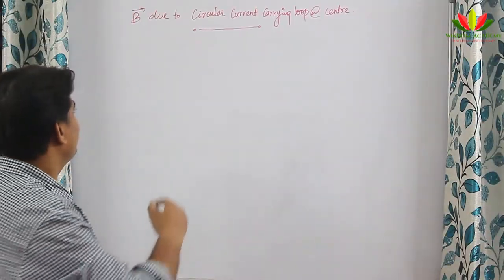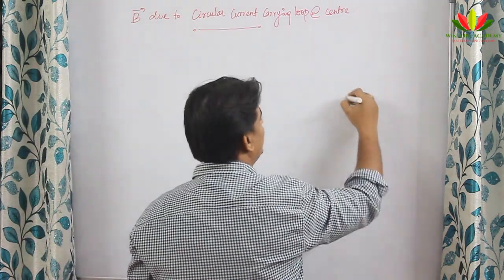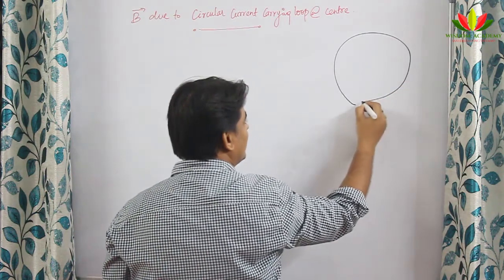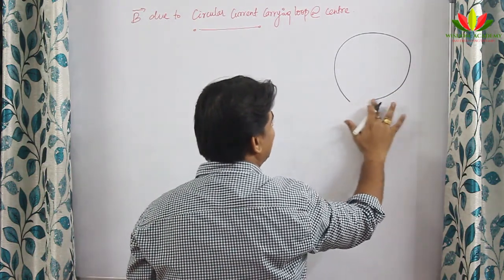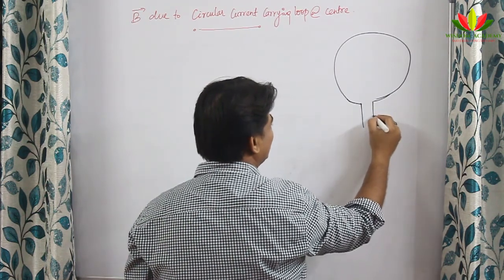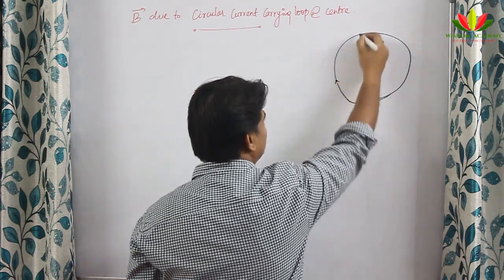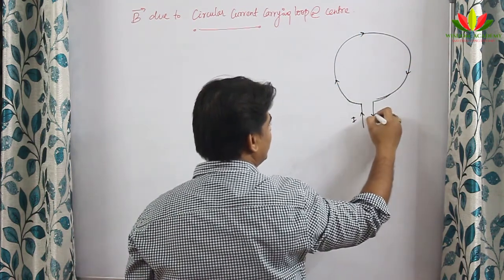Next, we are going to see magnetic field due to a circular current carrying loop at the center. So I will take one loop which is circular in nature, and this loop is carrying current I. It's something like this. I can assume current in any direction. Suppose it is entering from here, it will go like this, and it comes out.